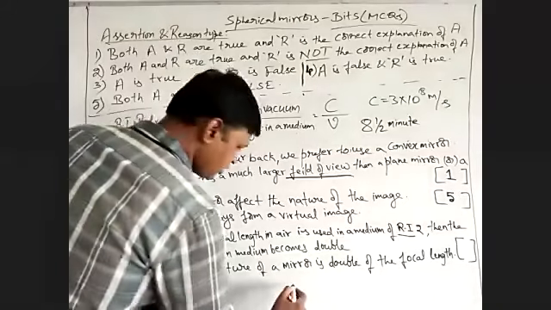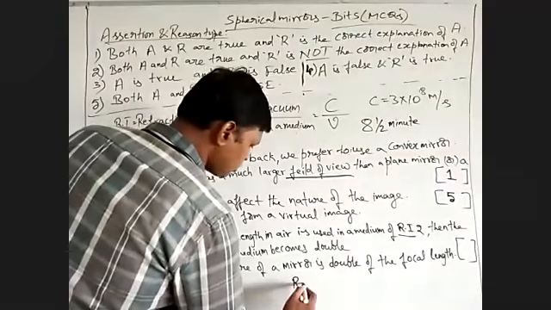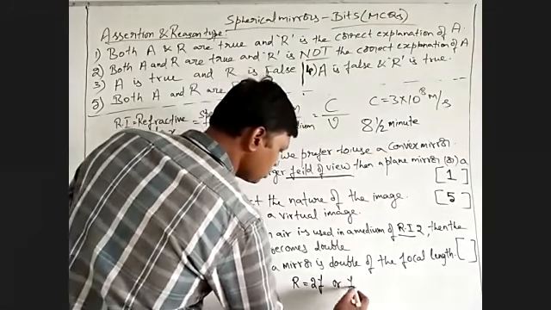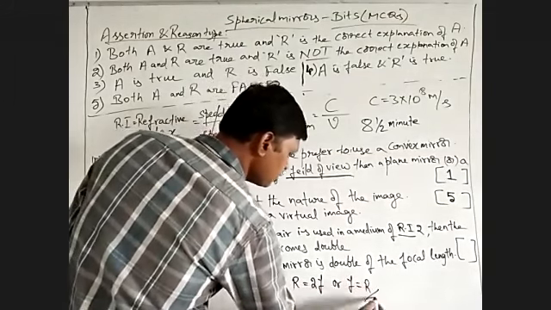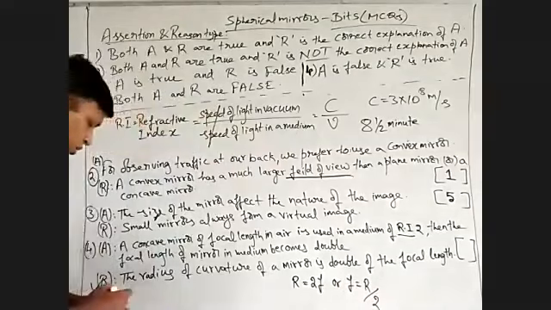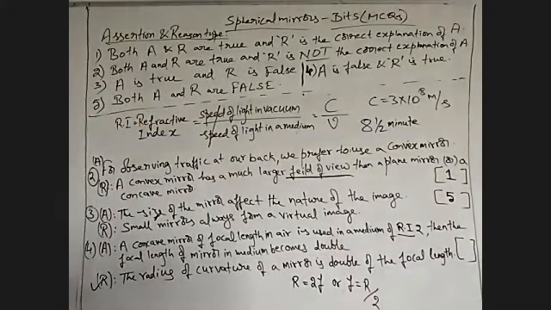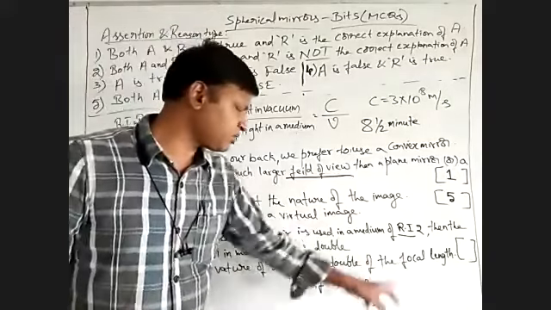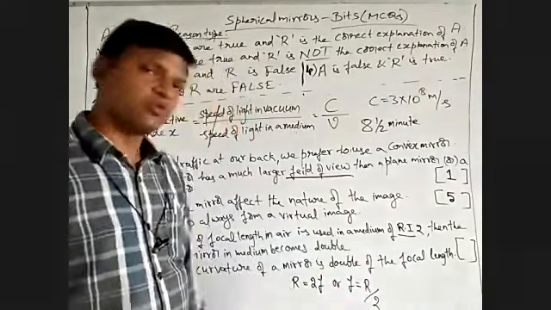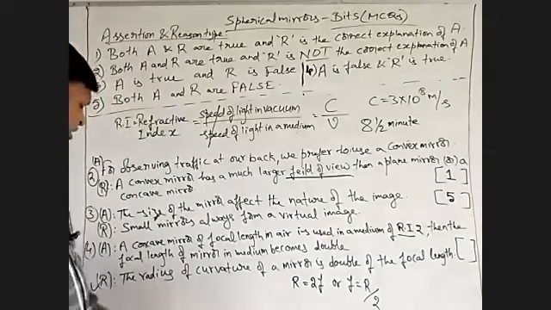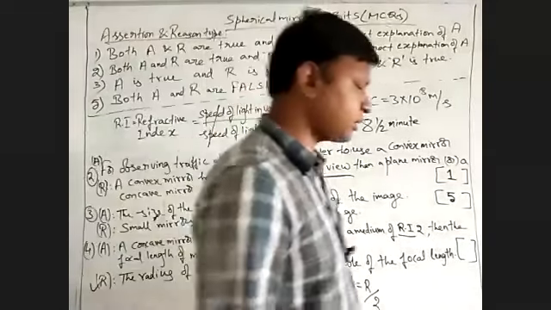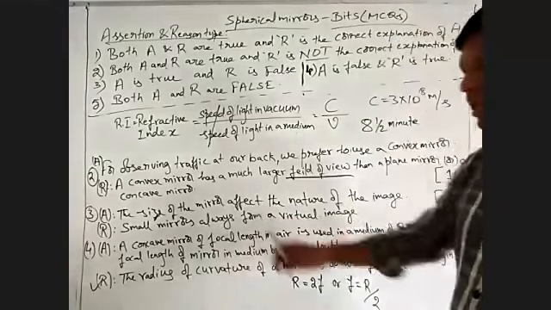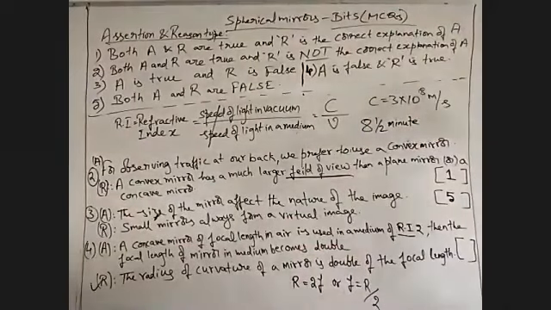We know that R is equal to 2F, or F is equal to R by 2. So the radius of curvature of a mirror is double the focal length. Here we can come to the conclusion that the reason is correct, but the assertion has some ambiguity.